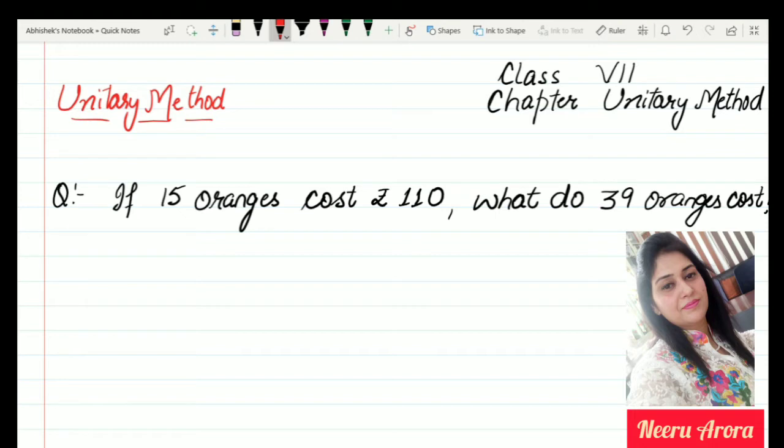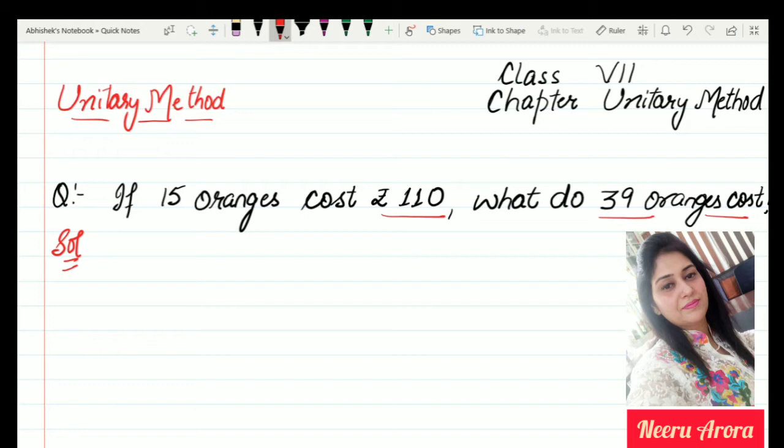Let's understand this with the help of an example we have already done in our previous classes. If 15 oranges cost rupees 110, what do 39 oranges cost? Whatever we want to find out, we keep that on the right hand side.